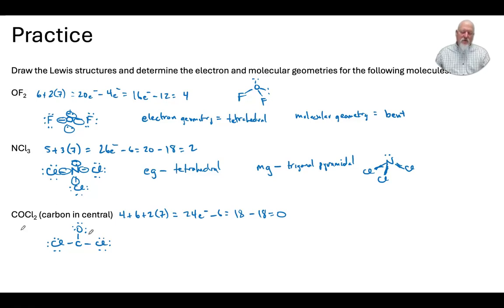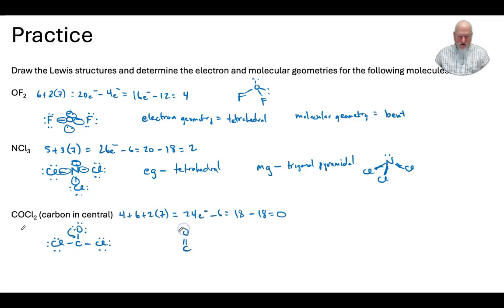I need to check the carbon. I can see the carbon doesn't. It only has 6. It's got 3 bonds. So I can move an electron pair, a non-bonding pair, in to make a double bond. And we're going to do that with the oxygen, because oxygen prefers to have a double bond and 2 non-bonding pairs. So when I do that, I get the structure that looks like this.